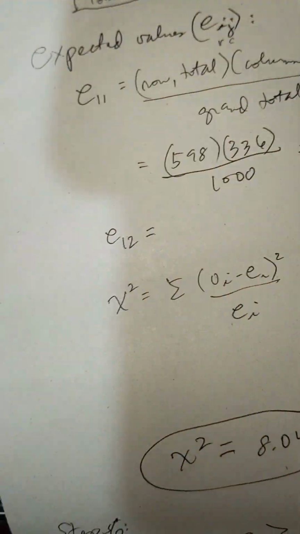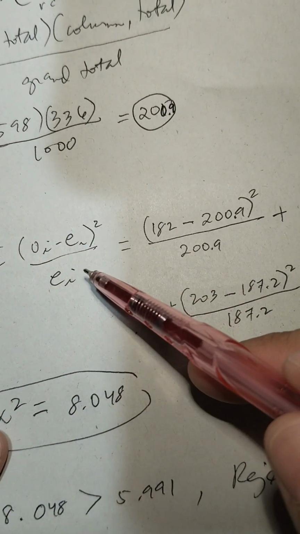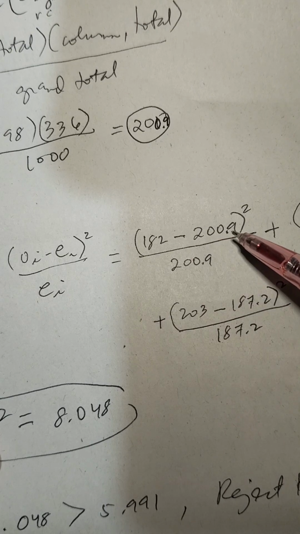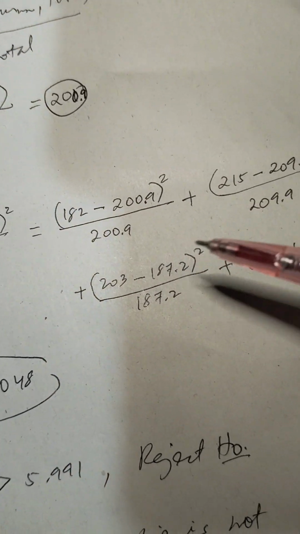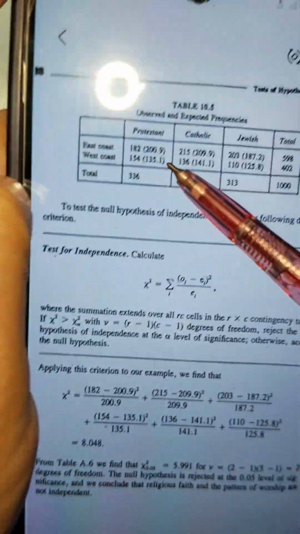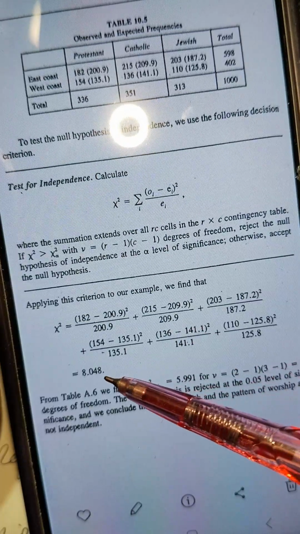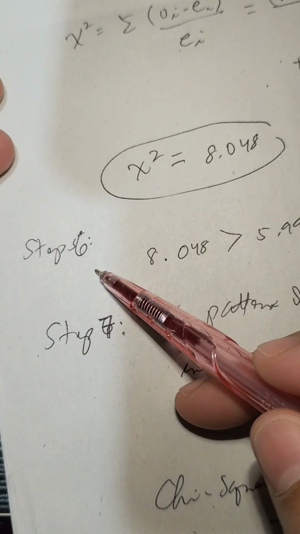Let's go to the computation of your chi-square. For each of the observed values, you subtract the expected value, then take the square, all over the expected value. You do that until you finish the six cells. So this is the computed chi-square value: 8.048. Let's go to step 6, our decision.